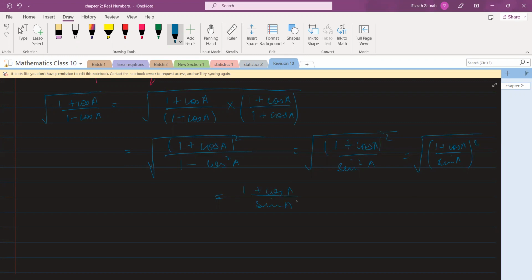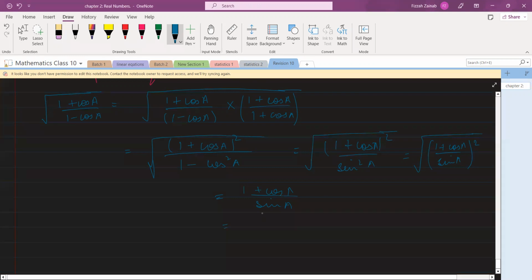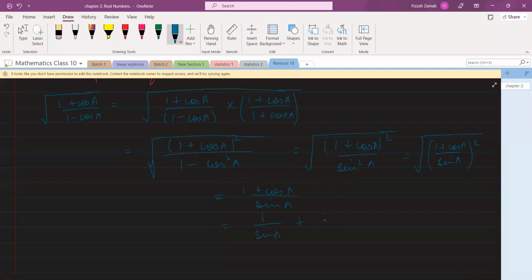Now break the denominator. So 1 upon sine A plus cos A by sine A. You can split it like this.